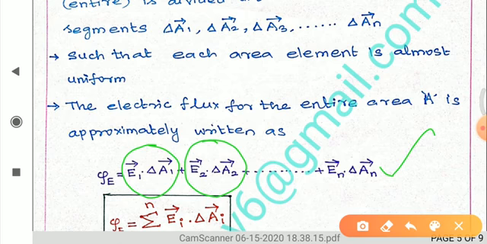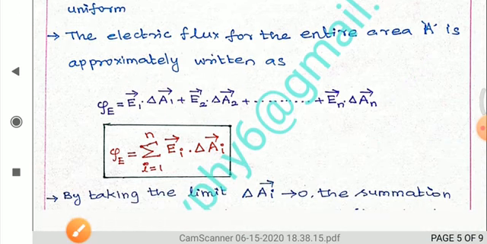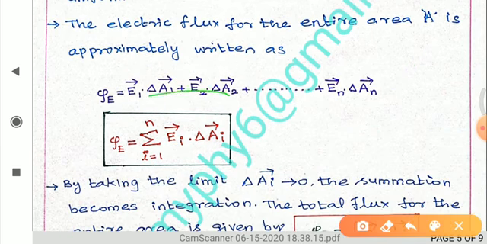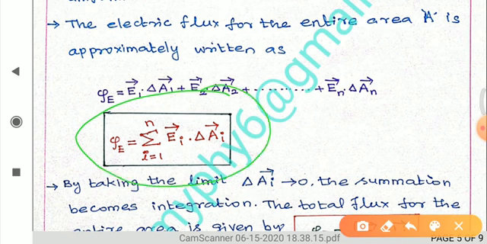To write in summation form, we use this formula: ΦE is equal to sigma i equals 1 to n of Ei vector dot del Ai vector. Ei is the electric field of the ith element, and del Ai is the area of cross section of the ith area element.